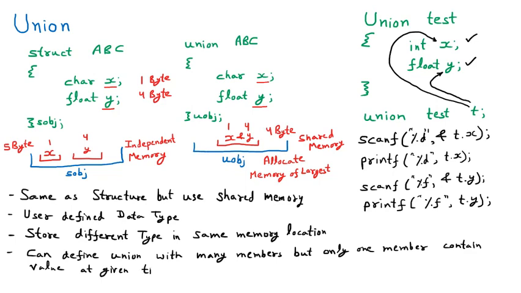The meaning is that you can carry many different data types in the union, but only one can be accessed at a time, because we know that memory is shared. If one is using that memory, how can another use it? So only one can carry the value at that time. But yes, it is very much efficient.